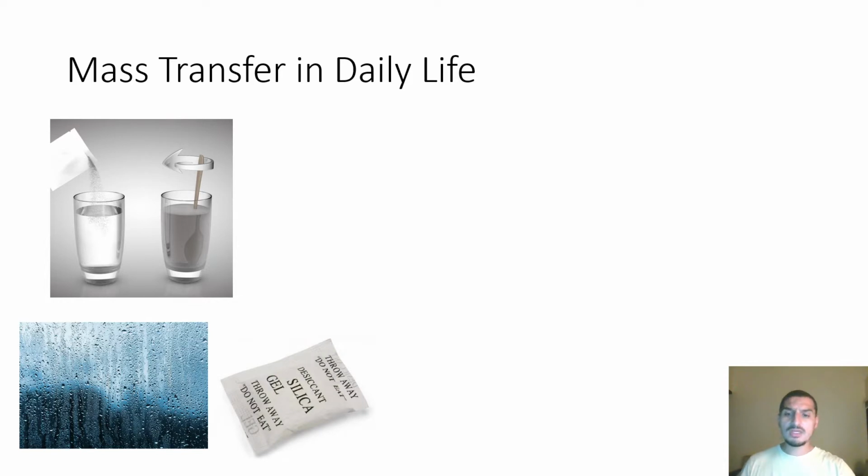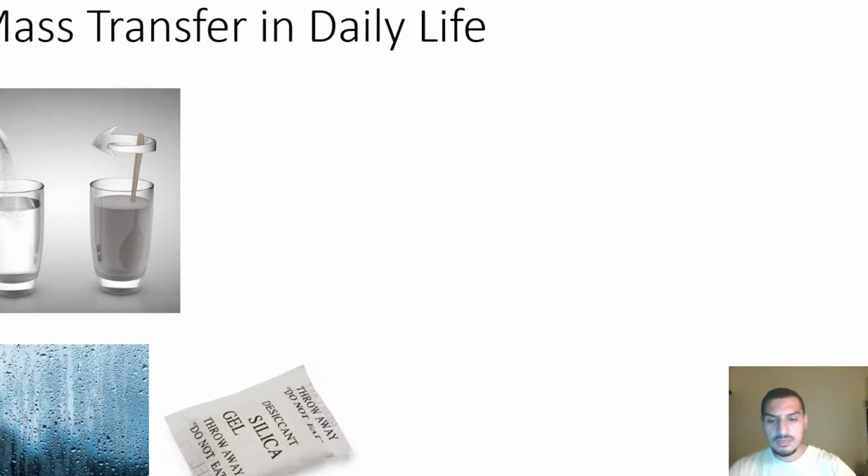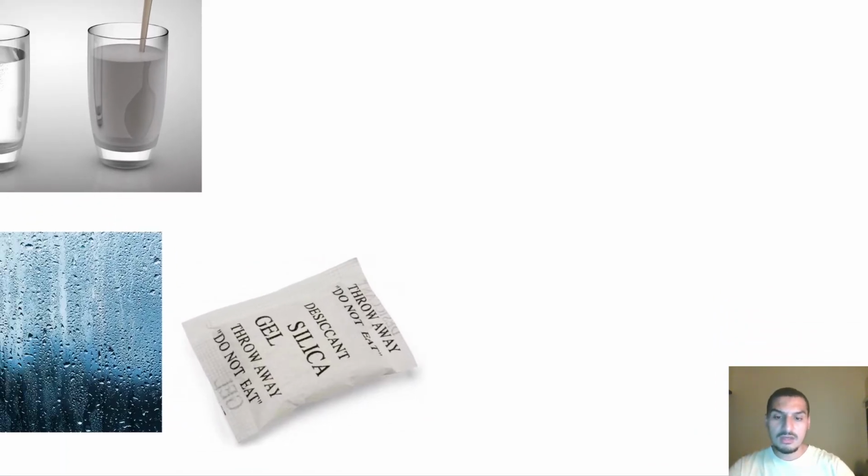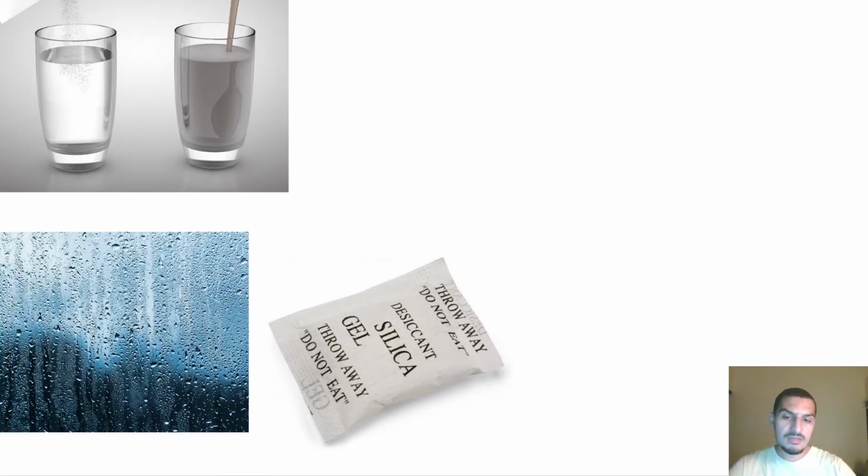One other thing that we see a lot is these small white bags. If you buy a new pair of shoes or a new bag or new clothes, we find these bags inside. As it says here, it says desiccant. And desiccant is something that absorbs or adsorbs water.